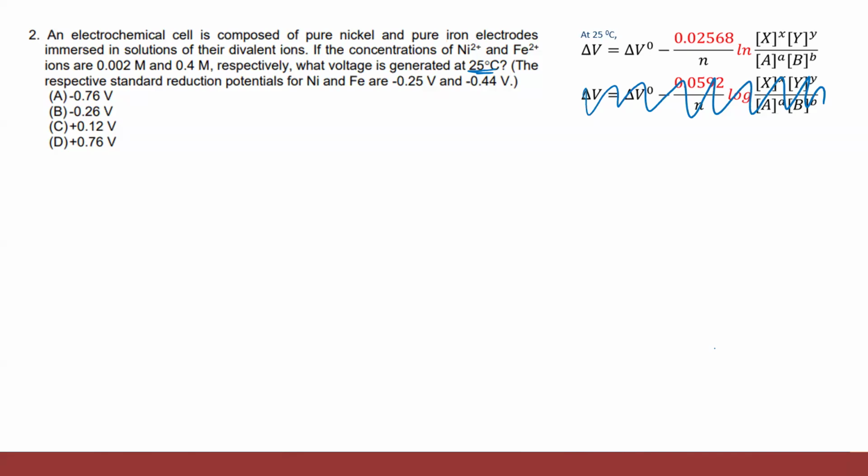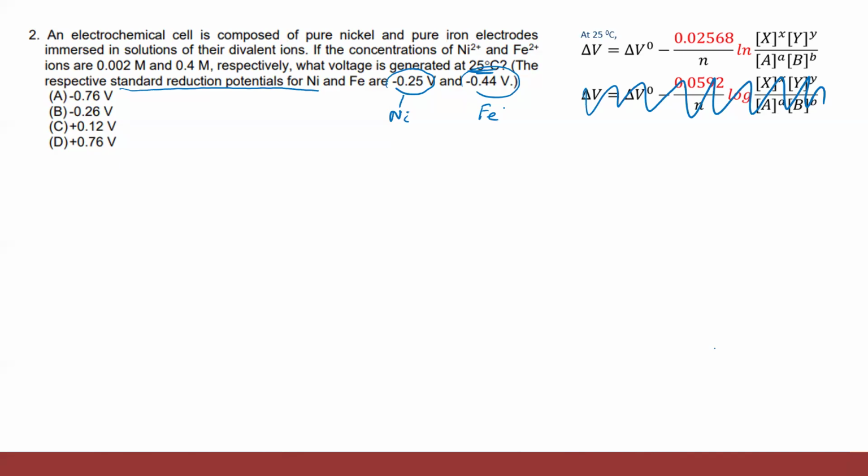The respective standard reduction potentials are given. So this is for nickel and this is for iron. Now by looking at these numbers, which one is at the top?